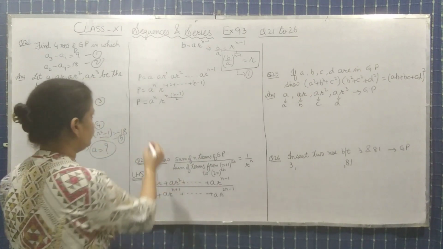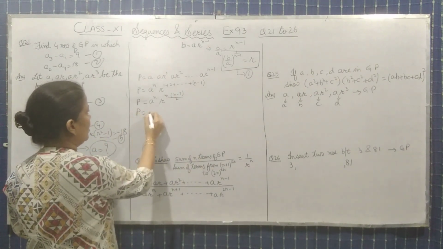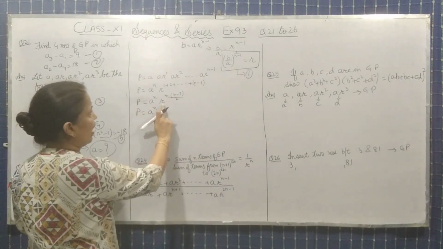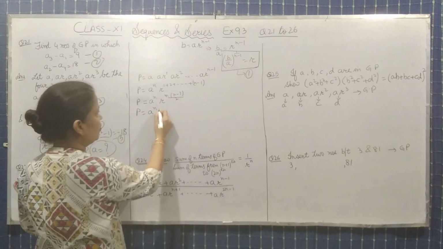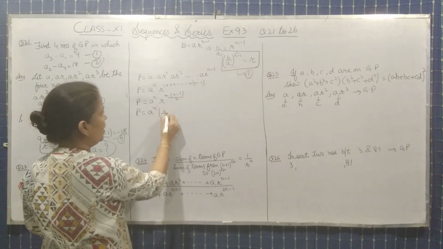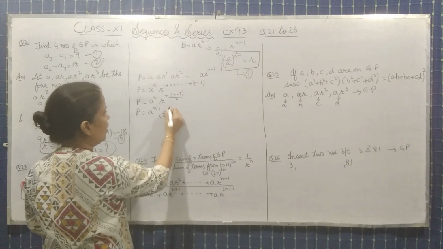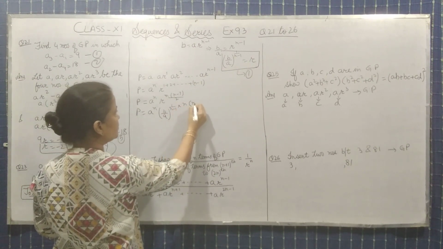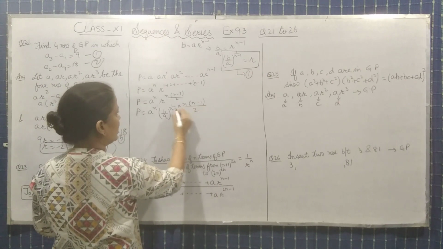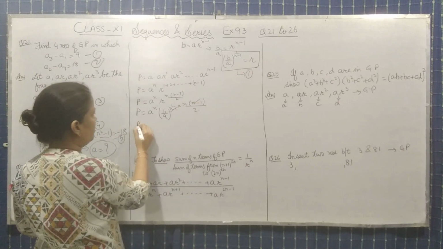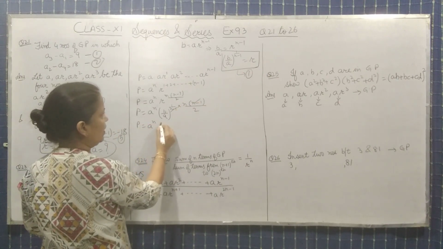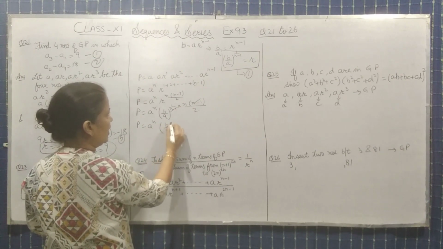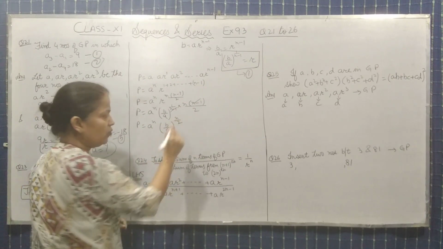So P equal A power n, instead of R you substitute its value, so it will be (B upon A) power 1 upon n minus 1, and this is already there, cancel it, you will get P equal A power n (B upon A) power n upon 2.